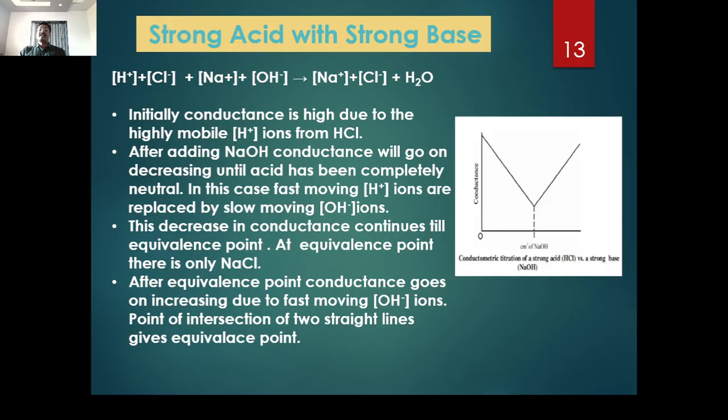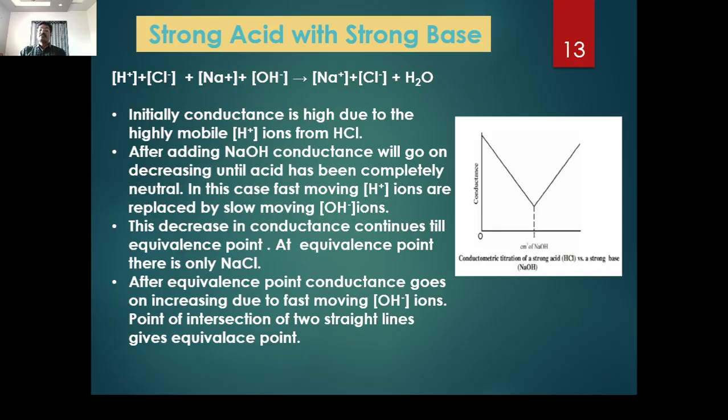This decrease in the conductivity continues till the equivalence point. At the equivalence point, there is only sodium chloride, and the conductivity is low. After the equivalence point, we add excess sodium hydroxide into the solution.